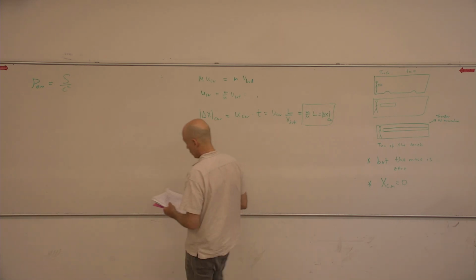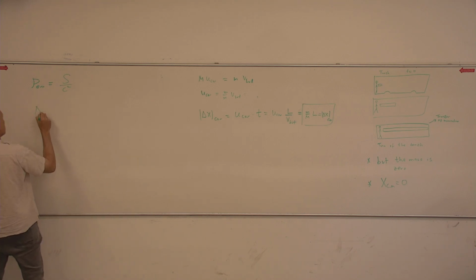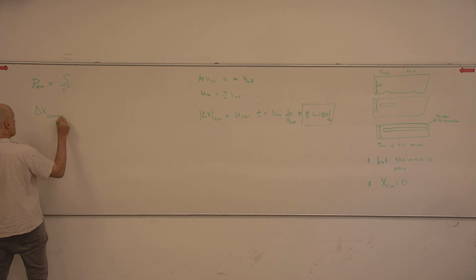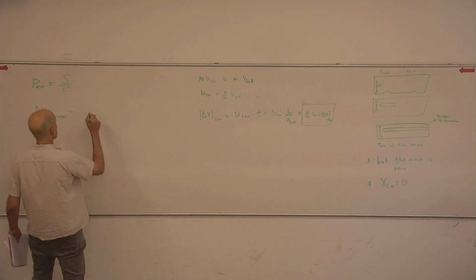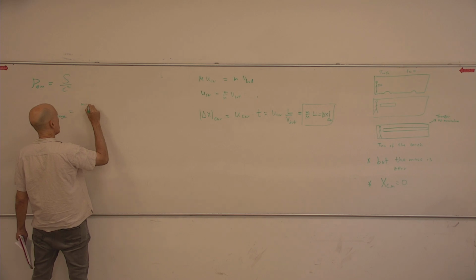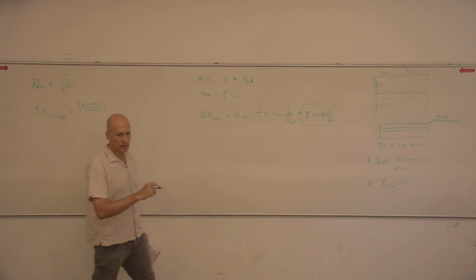And this is the vector pointing. So what is the delta x of the carriage? This is the momentum per unit volume. What momentum? The momentum of the electromagnetic field.